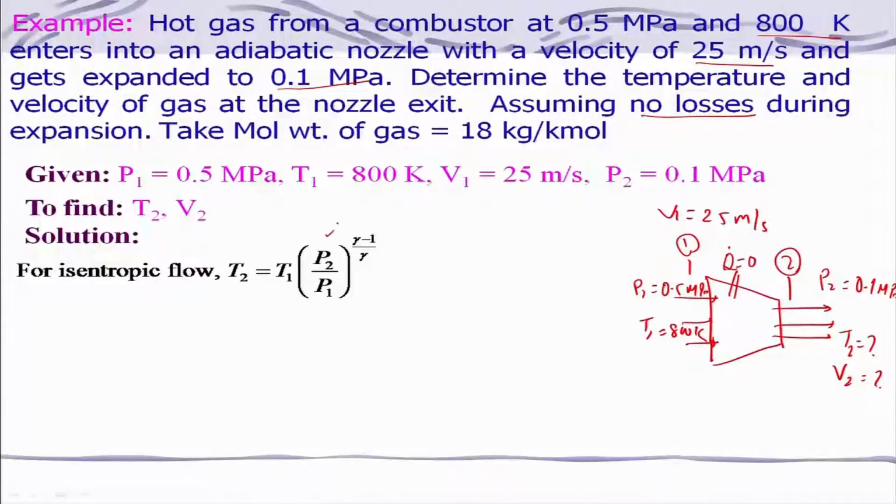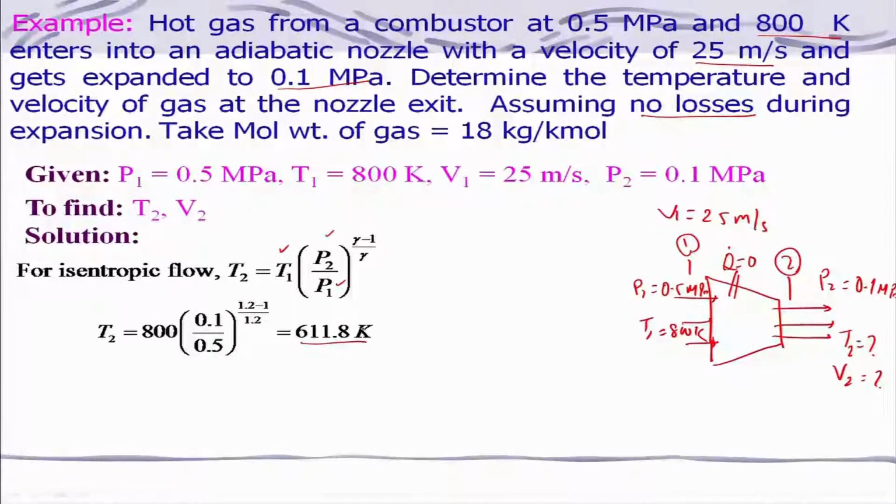P2 is 0.1 megapascal, P1 is 0.5 megapascal, T1 is given, and gamma is given. Substituting those values, we find that T2 happens to be 611.8 Kelvin. It is reduced.